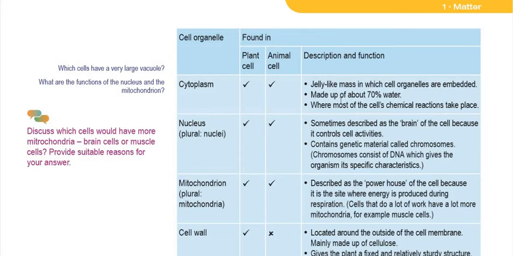the description and function. So the cytoplasm is, as we said, a jelly-like mass in which cell organelles are embedded, made up of 70% of water. It is where most of the cell's chemical reactions take place.